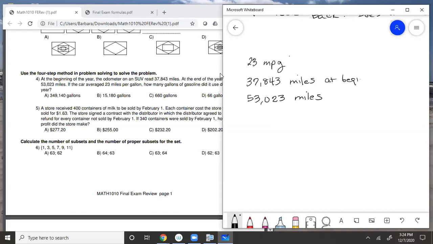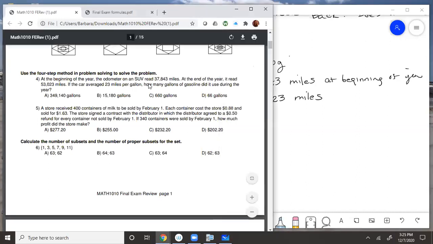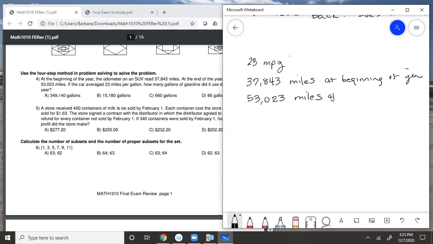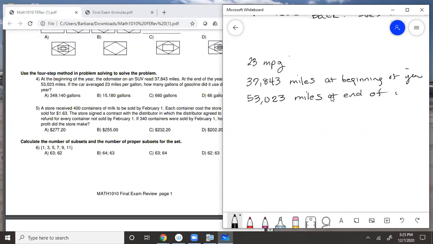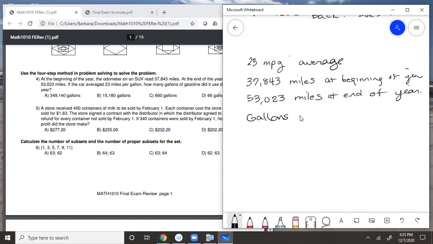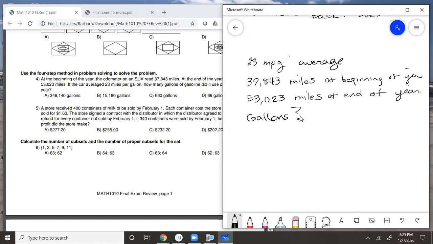Yes. And this is at the end of the year, right? Yes. And this was the average. So we want to know how many gallons were used during the year, right? Right.